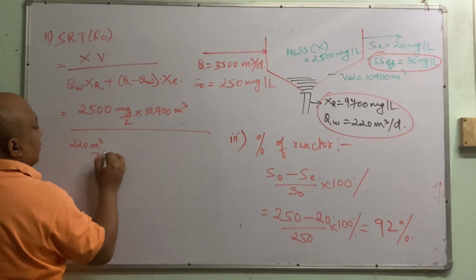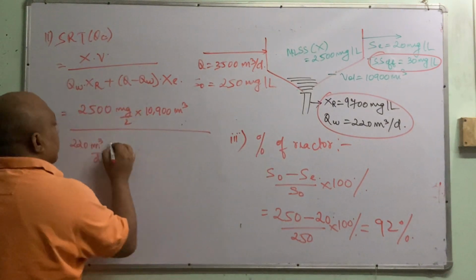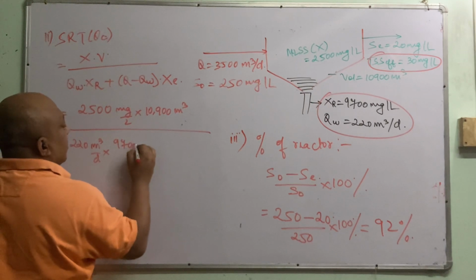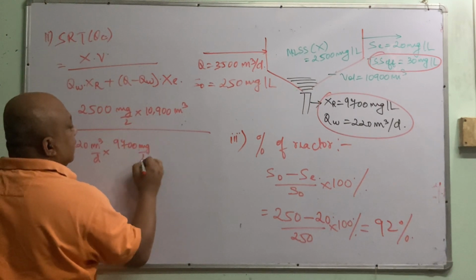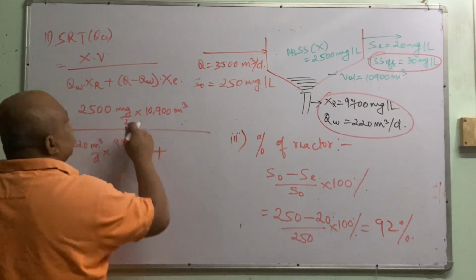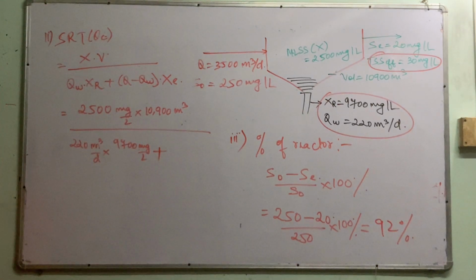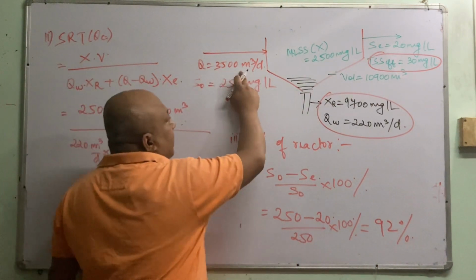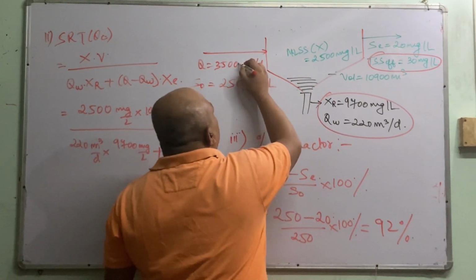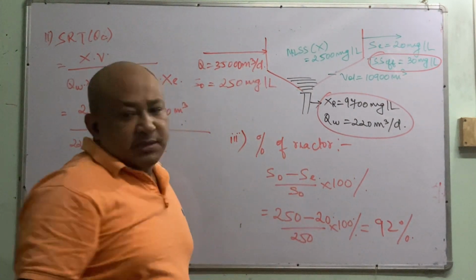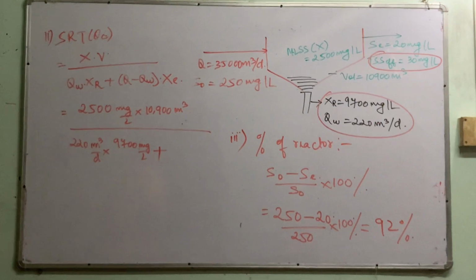meter cube per day into XR, which is 9,700 milligram per liter, plus Q minus QW. The Q is 35,000, right? The question was 35,000.